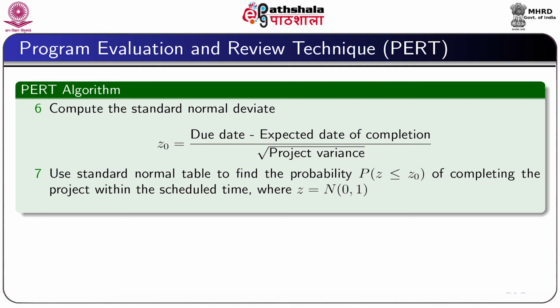And finally, using the standard normal table, we find the probability of completing the project within the scheduled time, where Z, the variable, is nothing but the standard normal variable.